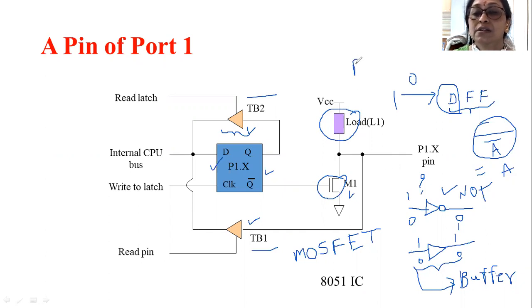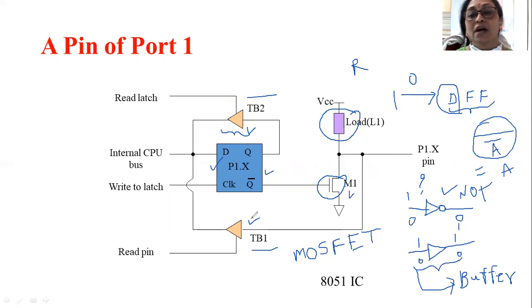So this is the resistor. Now, what are the components of the port pin? The components of the port pin are the D flip-flop, one called the input buffer and another called the output buffer.